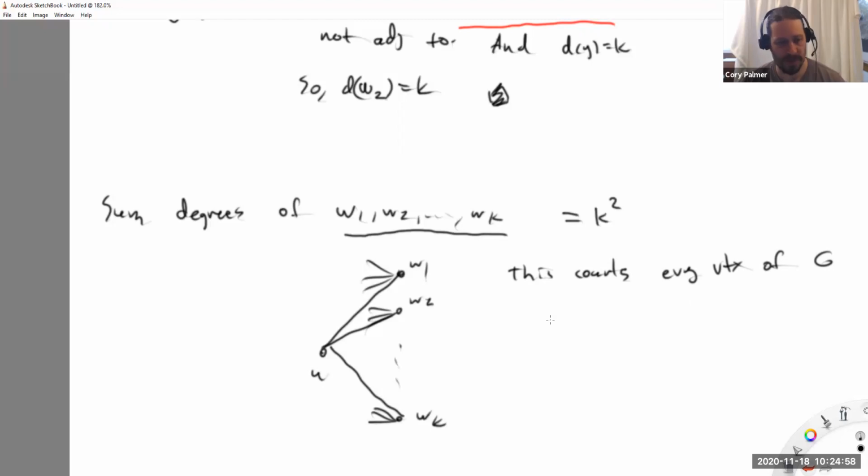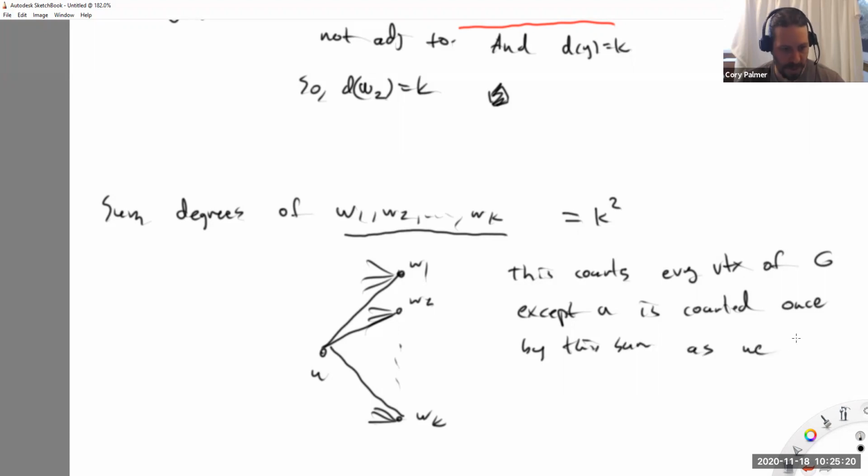So every vertex of G except U is counted once by this sum, as we have exactly one common neighbor among the W_i's.